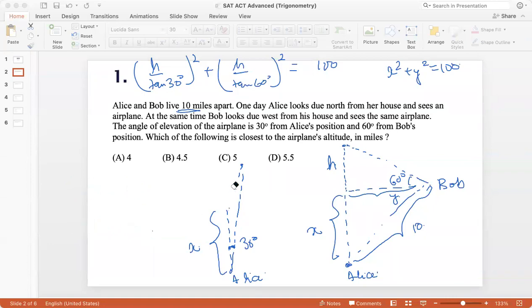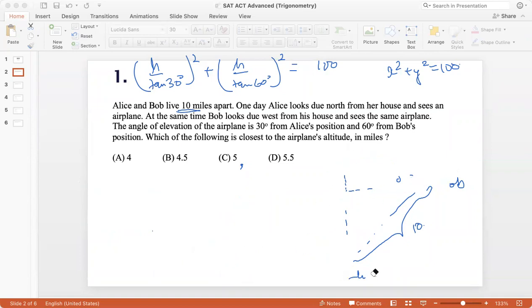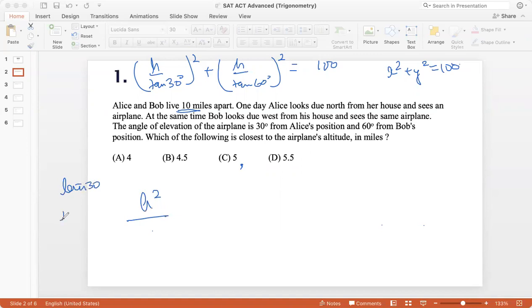So let me just clear this. Okay, so we have h squared divided by tan 30, tan 30 is 1 by root 3. So 1 over tan 30 would be root 3, and root 3 squared.